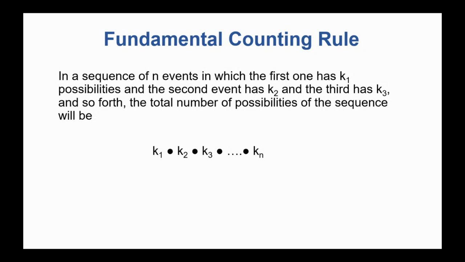The total number of possibilities of the sequence would be K1 times K2 times K3, all the way to K sub n. So hopefully you remember when we touched on that back in 6.1.